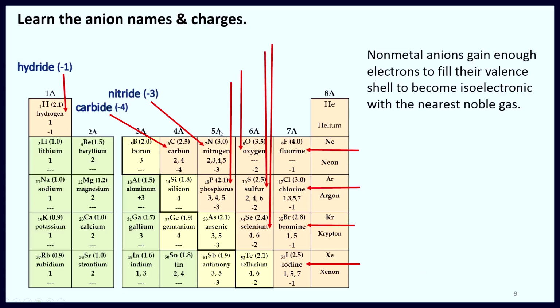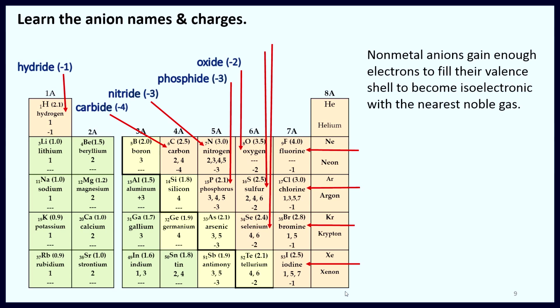Nitrogen is in group 5A. It'll need 3 electrons to become an anion like the group 8A elements, so -3 would be the charge of the anion of nitrogen, which is nitride. The same can be said for phosphorus. Its anion will be phosphide, again with a charge of -3 for the same reason as nitrogen. As we move to group 6A, we have oxygen, sulfur, and selenium. What would be their anion names and charges?